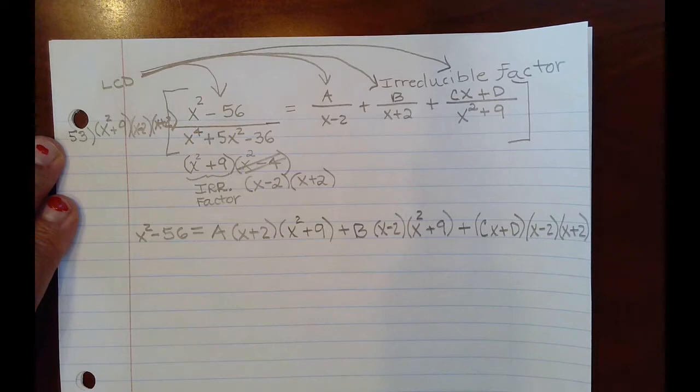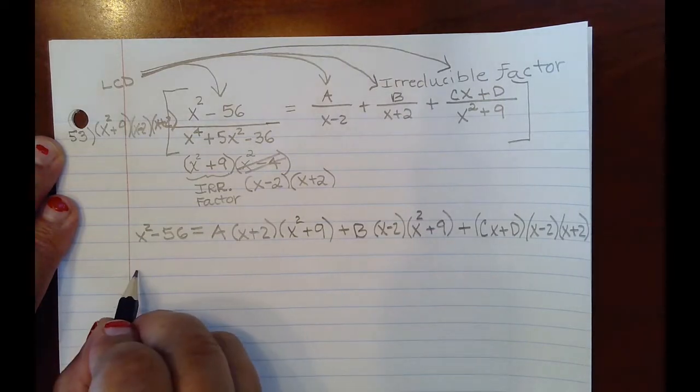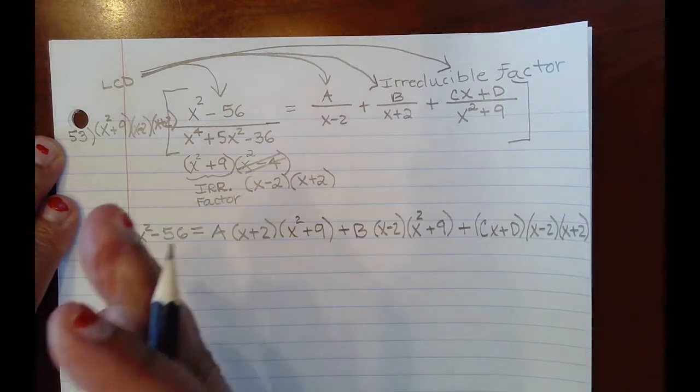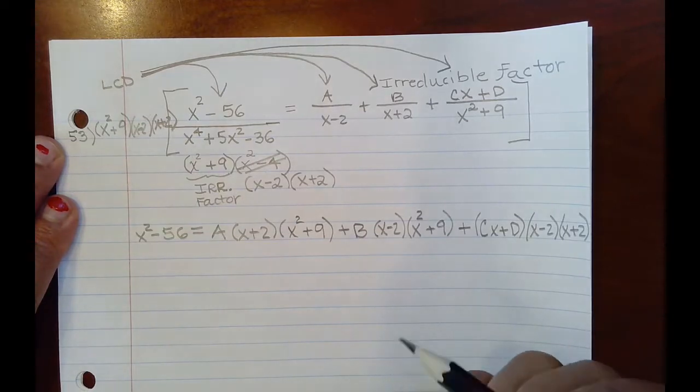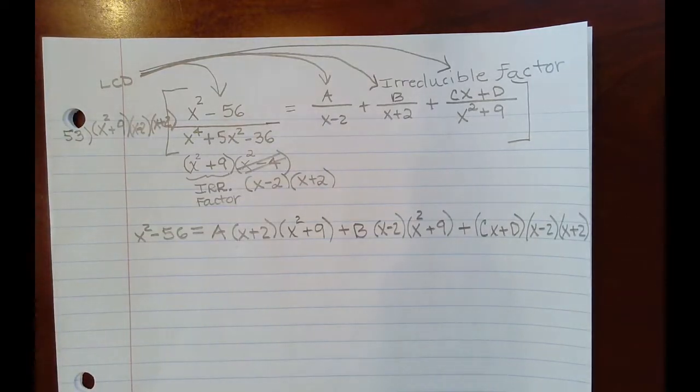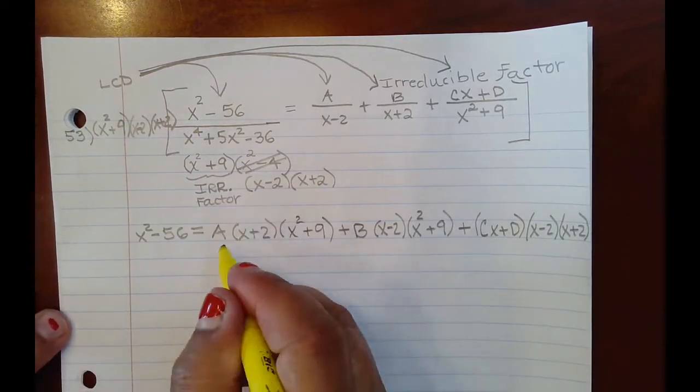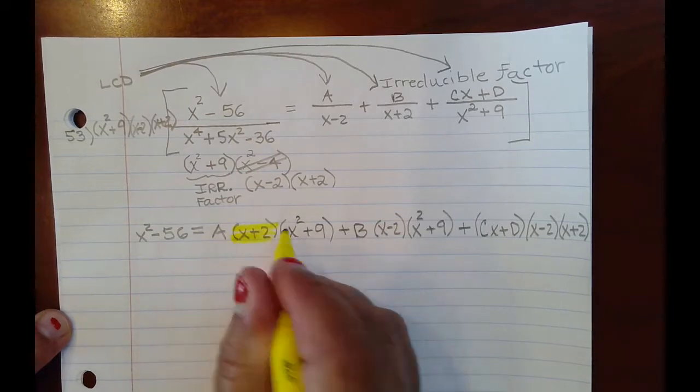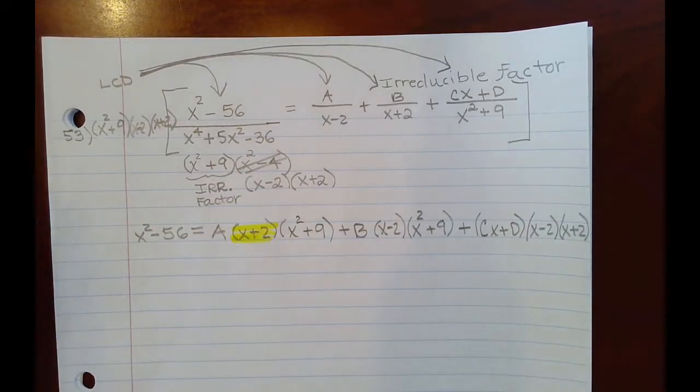All right, so now we start trying to find these numerators. One of the techniques that you've been shown is zeroing out, finding the value that zeroes out any of the factors that can possibly be zeroed out. You can zero out this factor right here using the x value -2.